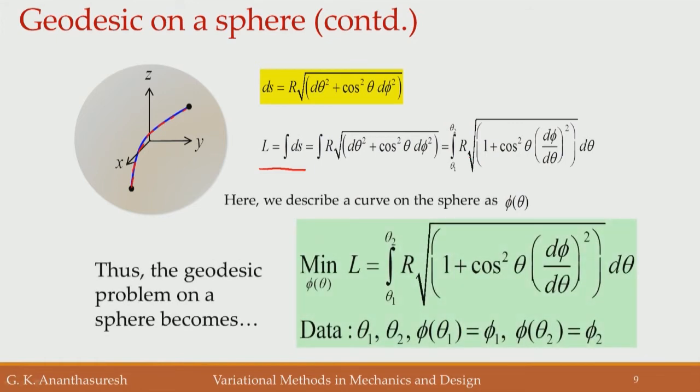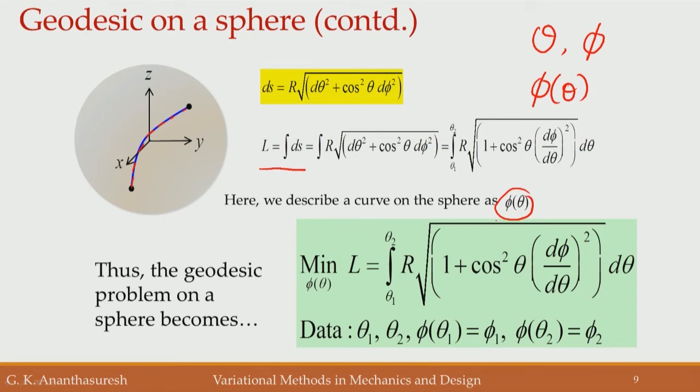Now, if you prescribe a curve on the sphere as a function of phi in terms of theta, because we have 2 variables theta and phi to reach any point on the surface of the sphere, if I consider that phi is a function of theta, then I have only one degree of freedom to move, and that is theta. When you move along a curve, you only vary one variable; if you take that as theta, then phi will be a function of theta.